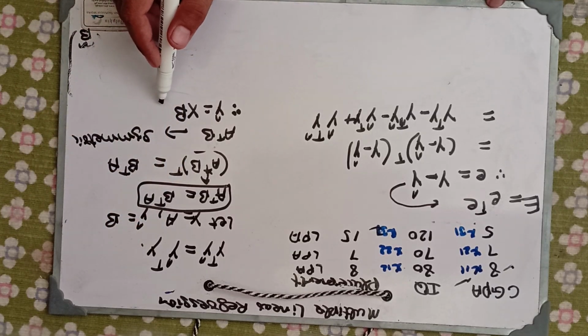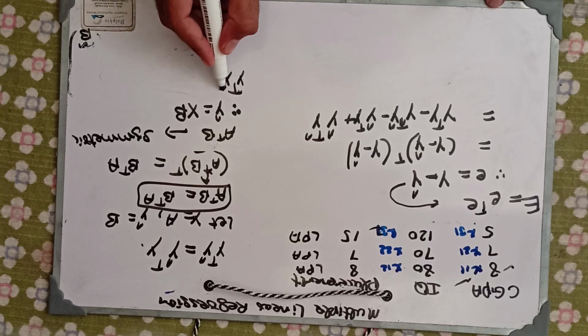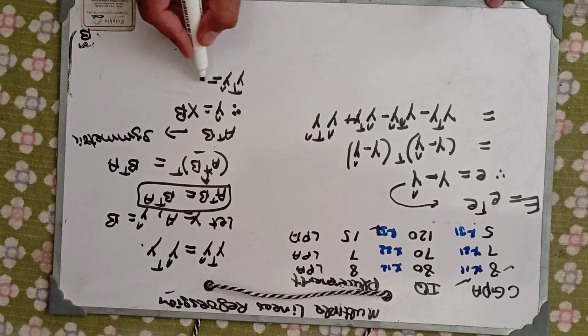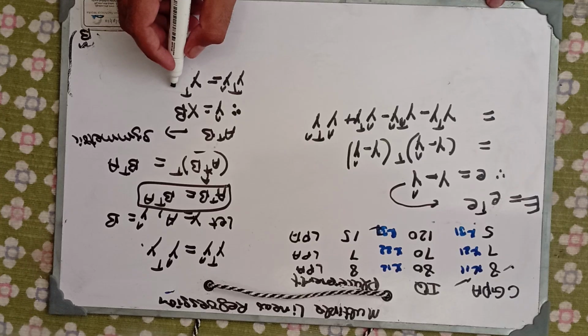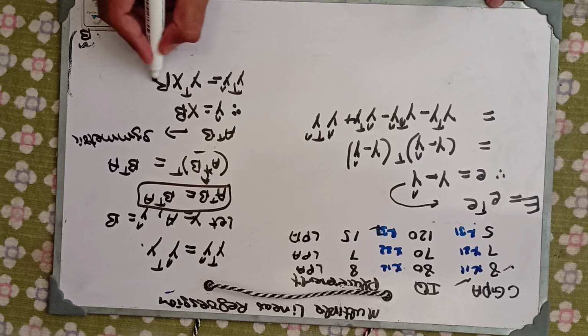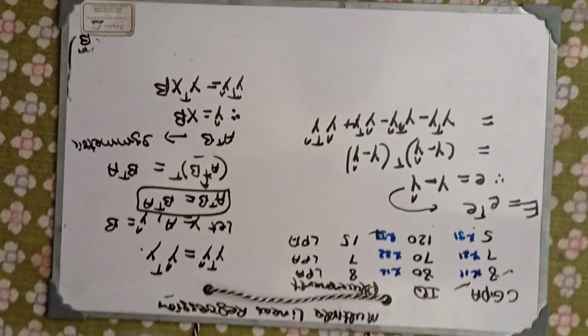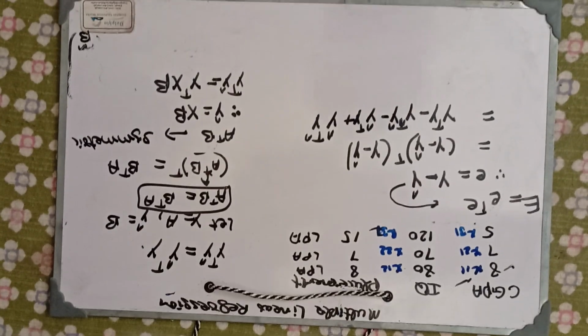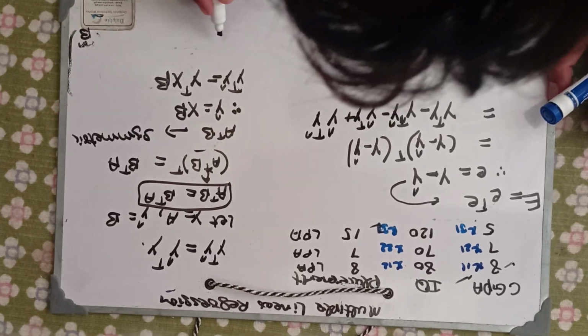Then the equation will become y transpose x beta, right?